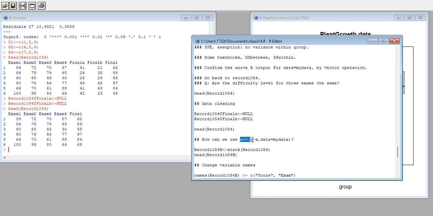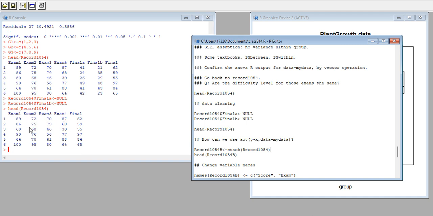So let's say in order to apply AOV, ANOVA, so y related to x, this x should be categorical data. So here we cannot put the final related to only one variable, right? So here we want to find out whether final is related to exams, previous exams.